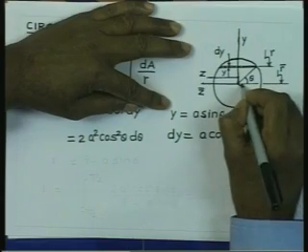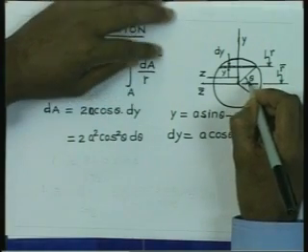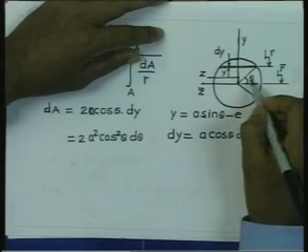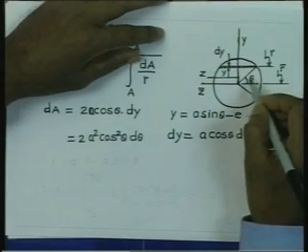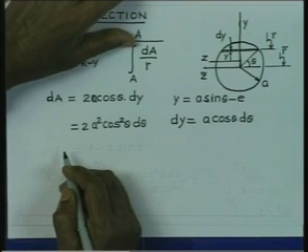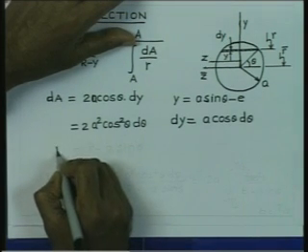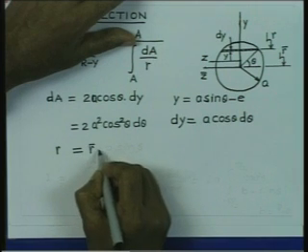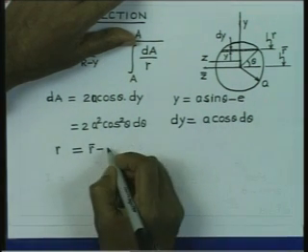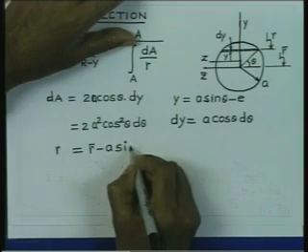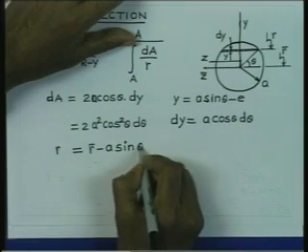We try to have the origin or reference for theta to be the horizontal axis, and therefore, this is theta and it is increasing in the anticlockwise direction. Now, r is related to r bar by this relationship, r bar minus a sin theta.